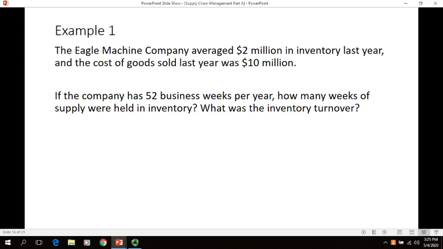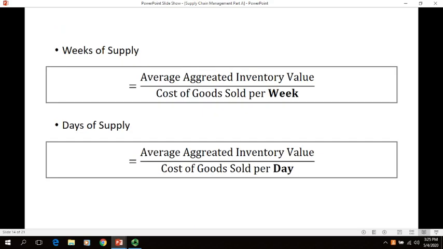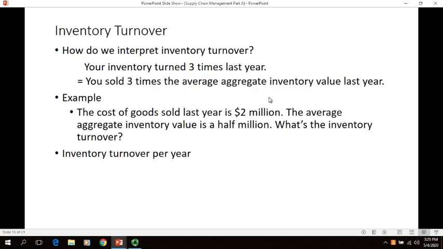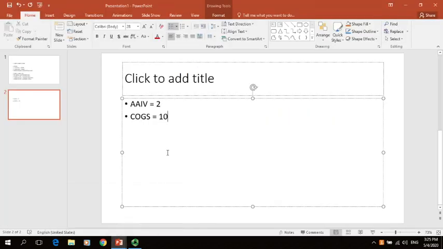So now let's go to the formula for the number of weeks of supply. Number of weeks of supply is AAIV divided by the cost of goods sold per week, right? So AAIV was 2, divided by the cost of goods sold per week.